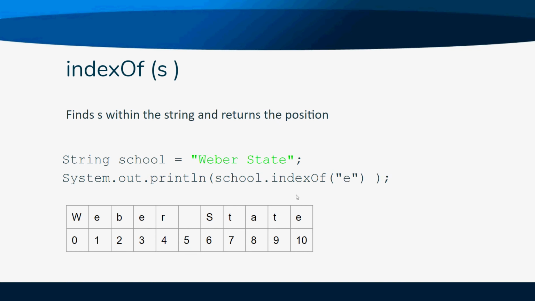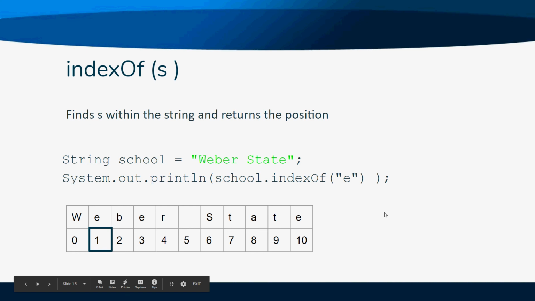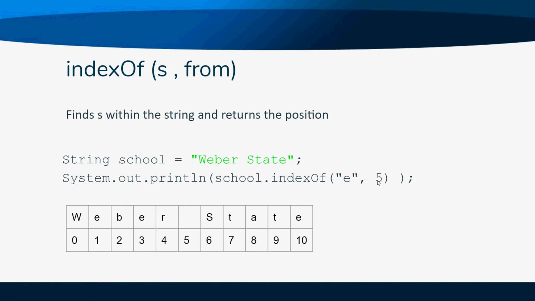Okay, last one. Here I want to find the index of an E. Well, if we look, there's multiple E's in this particular sentence. Since it's just got one parameter, it's going to return back the first E in the sentence. So that's going to give me position 1. Now, if I put in a second parameter, it's going to give me a position of where to start searching.